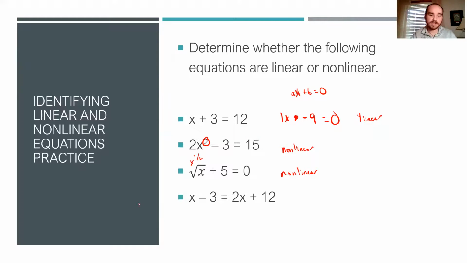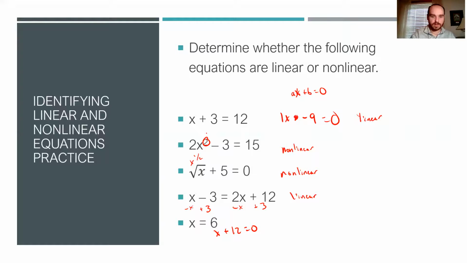This one, x minus 3 equals 2x plus 12. If we simplify this, we can subtract x from both sides, and then we can add 3 to both sides, and we'll get x plus 12 equals 0. So this is also linear.